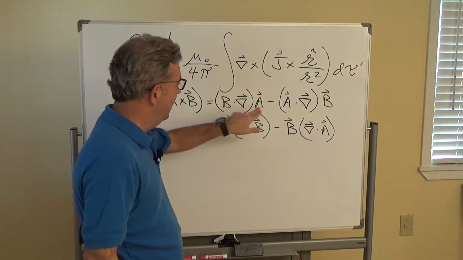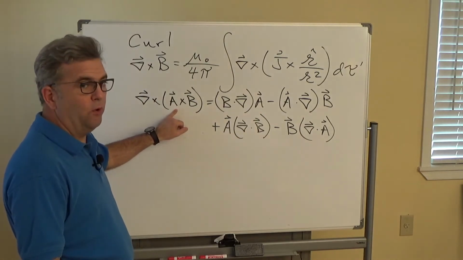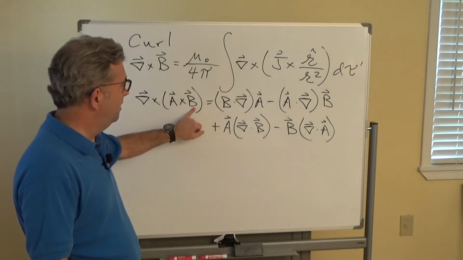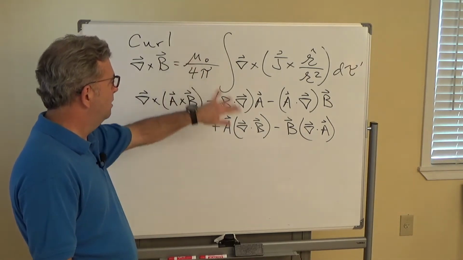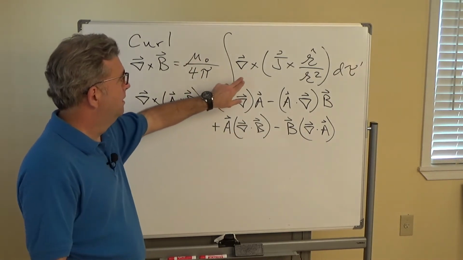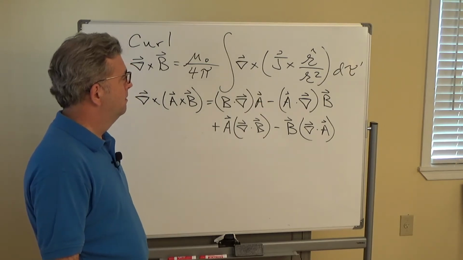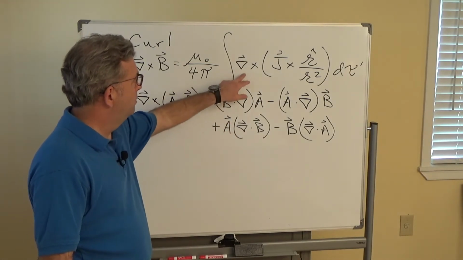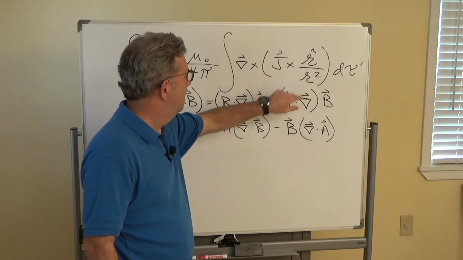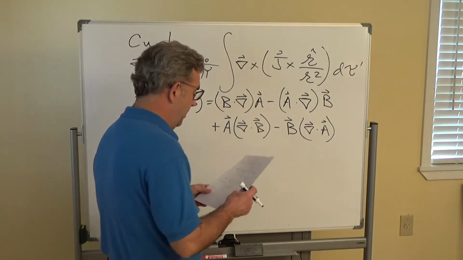This is not the magnetic field. This is in general vector A and vector B. Kind of bad form, but that's the way I do. I'm going to make a substitution here in just a second and show you this identity. So now I'll use this and I'll substitute in for all of these.